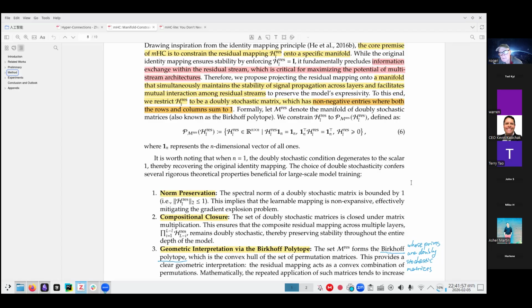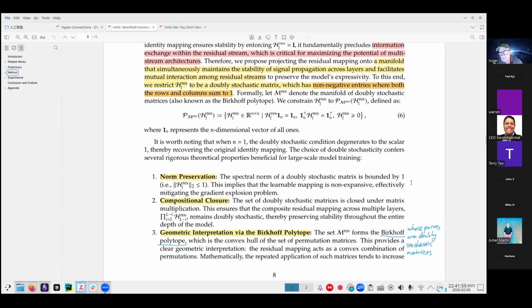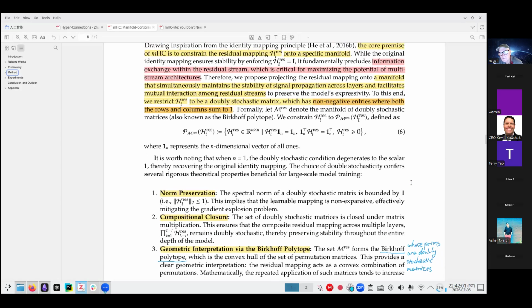And then this compositional closure just tells us that if you multiply by a doubly stochastic matrix, and then you multiply by a different doubly stochastic matrix, and you keep multiplying by more and more doubly stochastic matrices, by virtue of their special property of everything summing up to one, they cannot have eigenvalues greater than one.